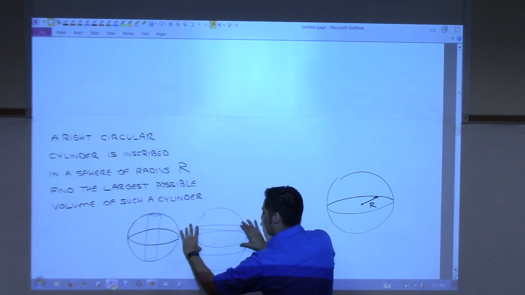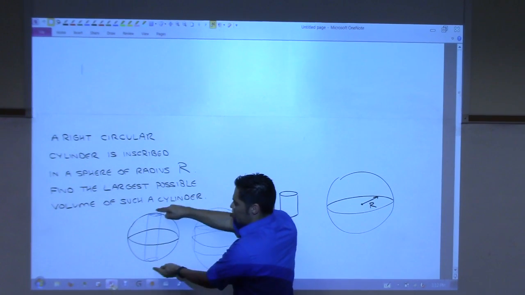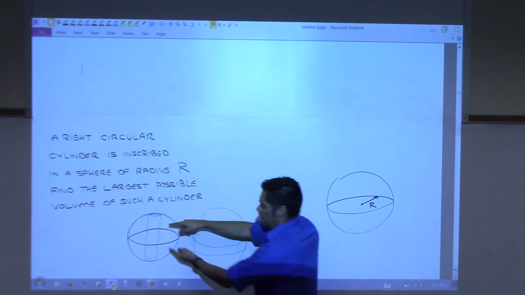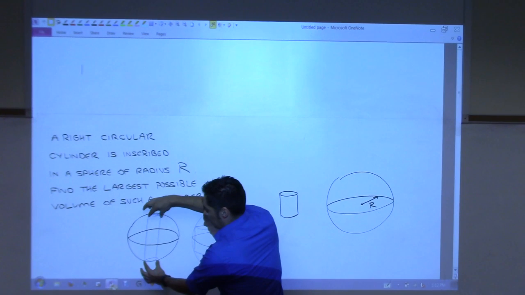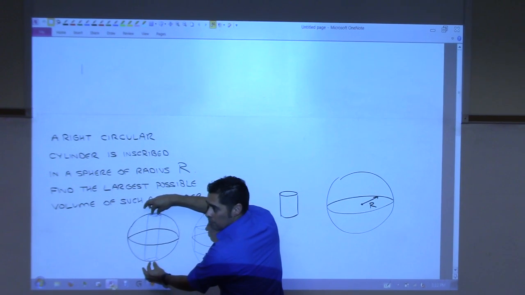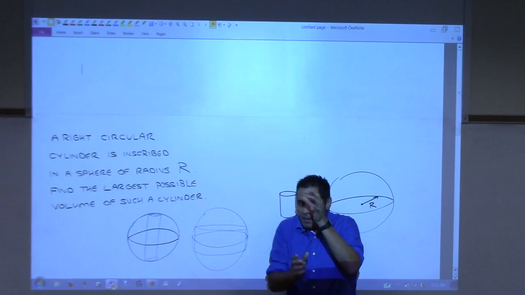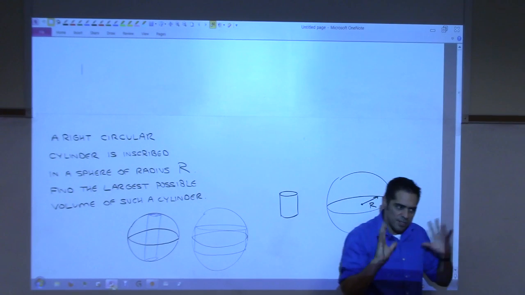If you go in, they get bigger and bigger like this, and then they'd start coming in. If the height of the cylinder was equal to the diameter of the sphere, what would the width of the cylinder have to be? 0, right? It would basically become like a pencil, then like a wire, and eventually just a straight line. Everyone see that?